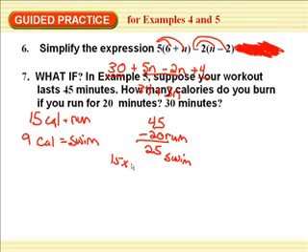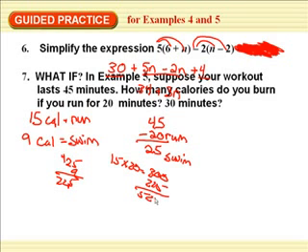So 15 times 20 is 300 like it was before. 9 times 25 is 225. 525. That's what I say for the 20 minutes.